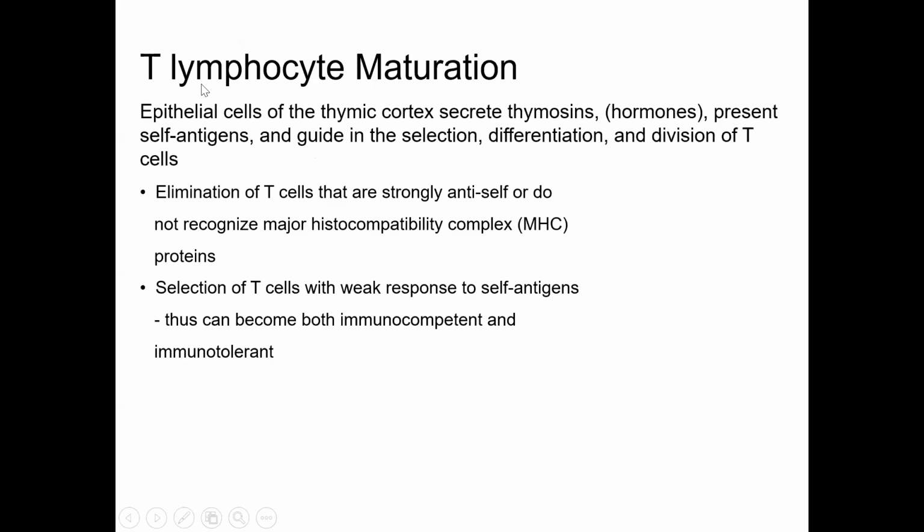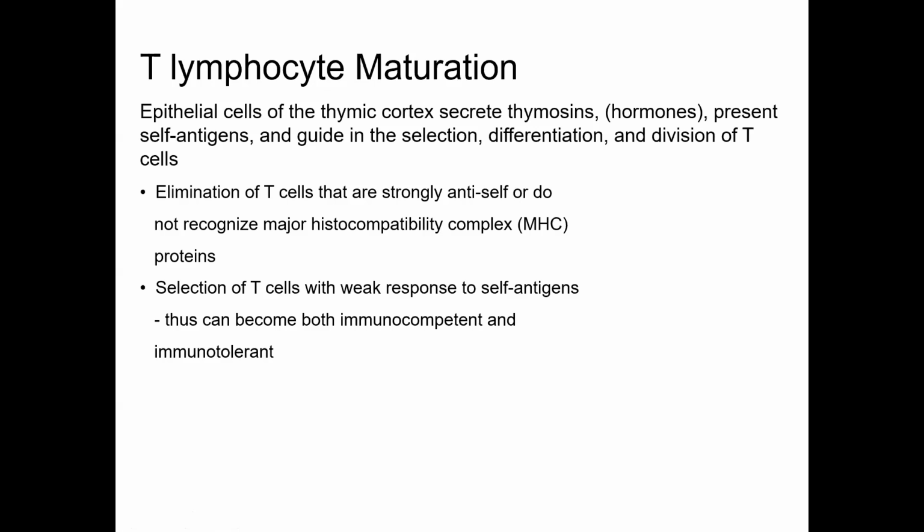All right, so remember the location for T lymphocyte maturation? Thymus. Okay, so when we say to mature T lymphocytes, what do we mean? This means we're going to have a selection process to select the lymphocytes we want to save and eliminate the ones we don't want.